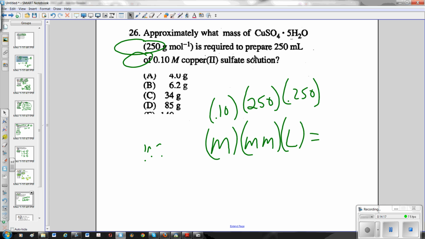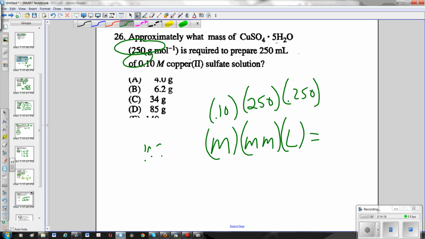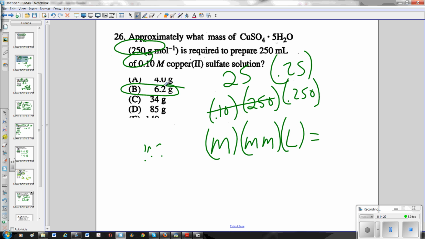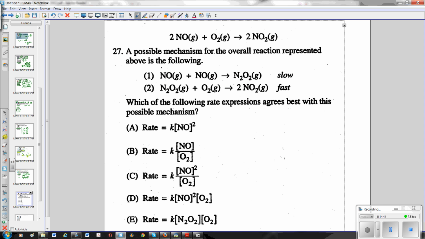So if I take a tenth of 250, I change this to 25, and then times 0.25, which is a quarter. What's a quarter of 25? It's going to be right around 6.2. So when you go to make a solution problem on the test, it's molarity times molar mass times liters. Just set it up. You take those 3 numbers, stack them, and there's got to be a simple way to do the calculation.